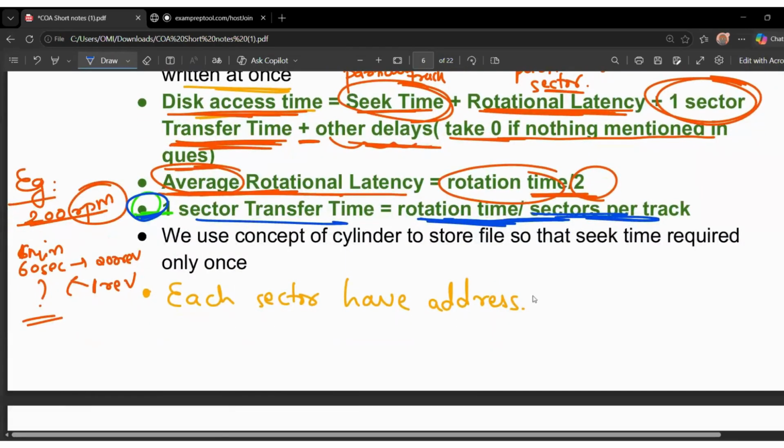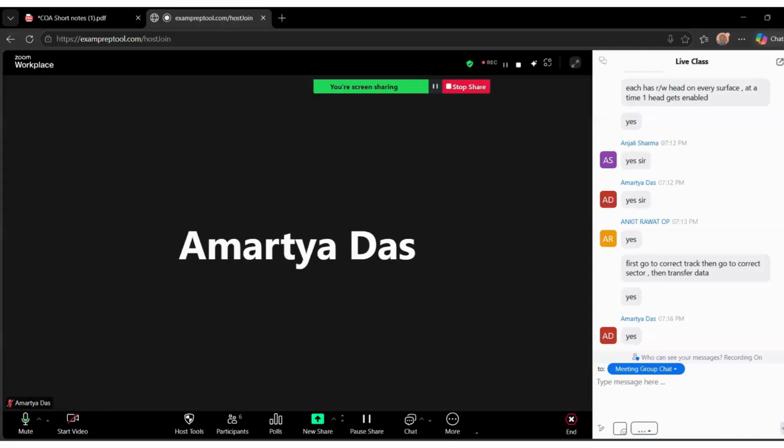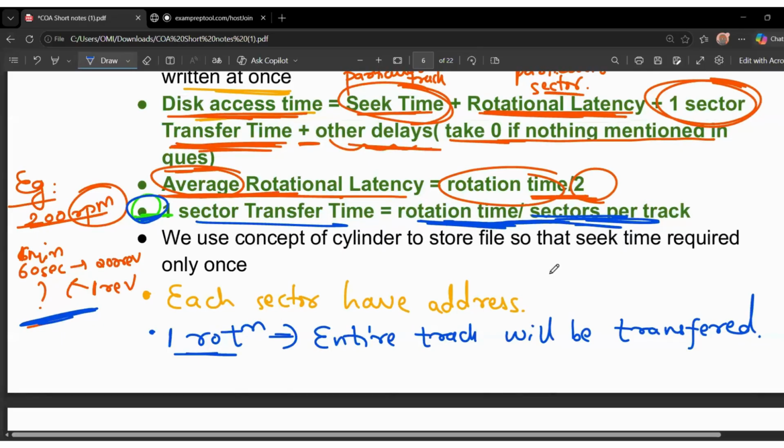Because in one rotation, the entire track will be transferred. So you can find one rotation with the rotation time, and then divide by the total number of sectors per track. Got it? This point, one sector transfer time.